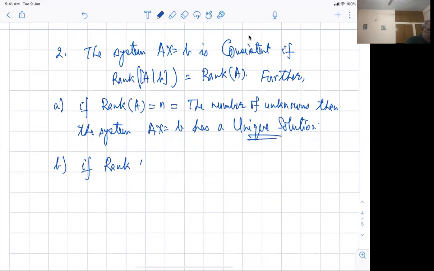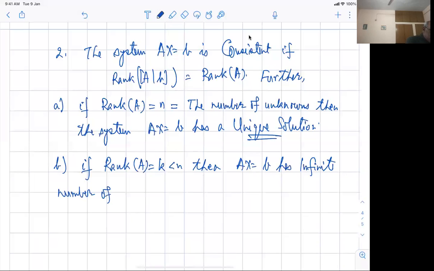B, if the rank of A is k, which is less than n, fine, then Ax = B has an infinite number of solutions. Why do they have infinite solutions?